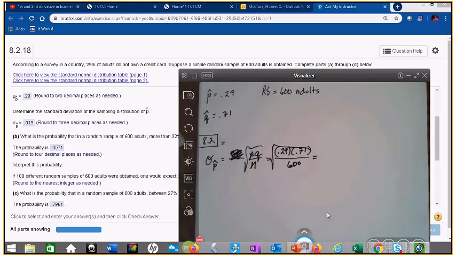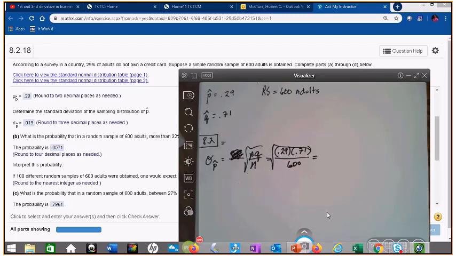Let me see if I can do it on my calculator. Okay, 0.29 times 0.71. I might have done that wrong. Give me just a second. I'm going to double check it.